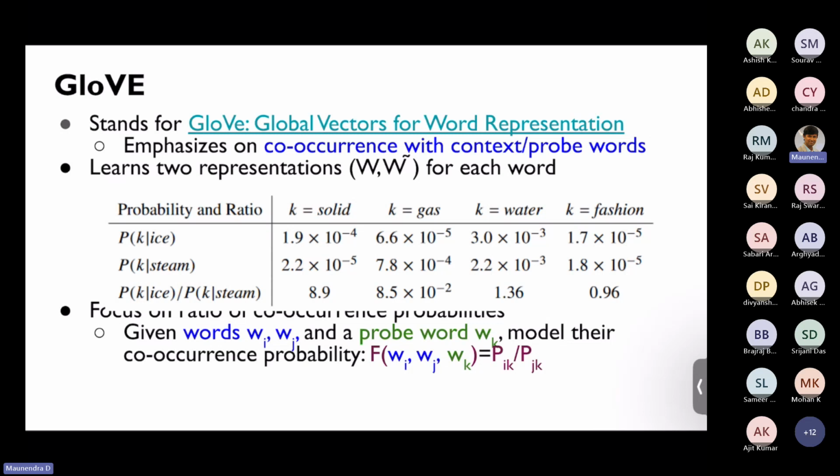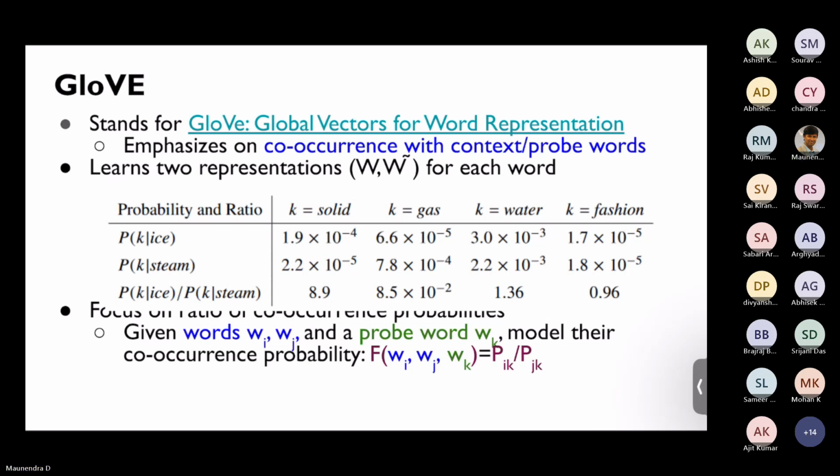Since there are many such instances where ice and water, steam and water occur together, most likely ice and steam will be similar. On the other hand, fashion does not go together with ice many times, and fashion does not go together with steam either.